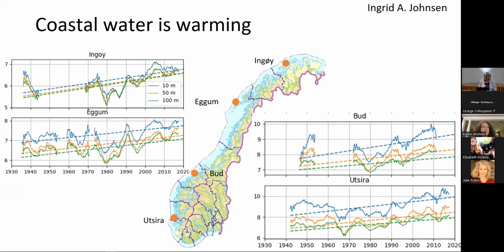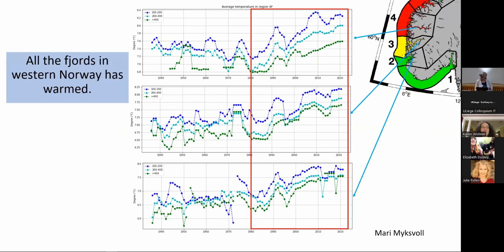But the fjords are also warming. We do have some data also from the fjords. They're also warming, even at 400-meter depth. Fjords are quite deep. It's about 1 degree over the last 30 years, and that's quite a bit. That's quite a lot over a really short period.